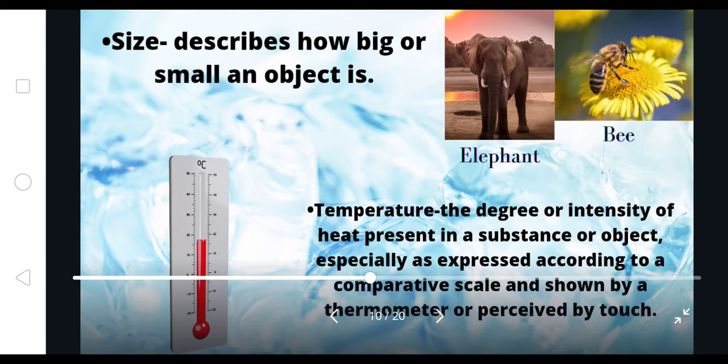Size describes how big or small an object is, like the elephant and bee. Temperature. Temperature is the degree or intensity of heat present in a substance or object, especially as expressed according to a comparative scale and shown by a thermometer or perceived by touch.